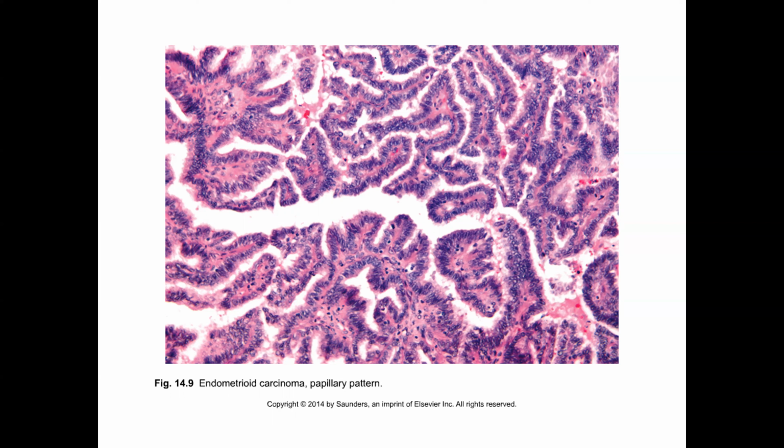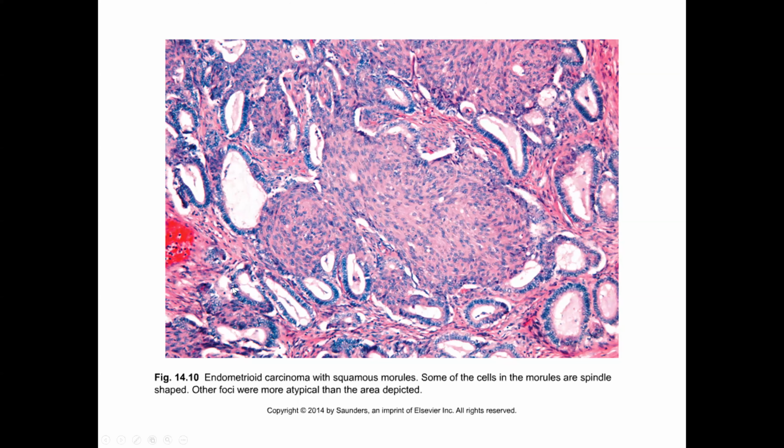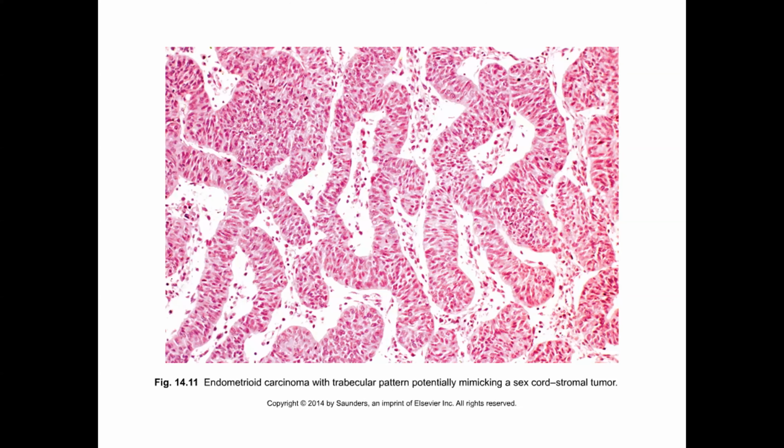So doing the extra effort of definitively categorizing it as endometrioid versus serous is an important step to take once you have established a malignancy is present. Of course, if you have squamoid morules like we see here in conjunction with a carcinoma, that's going to put it squarely in the endometrioid category and eliminate any concern about serous differentiation.